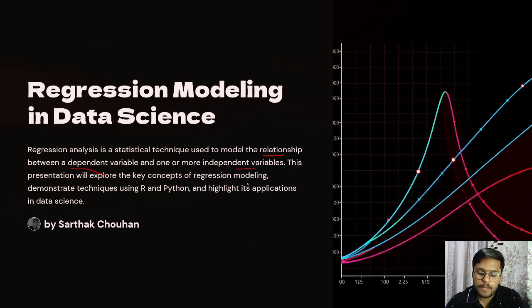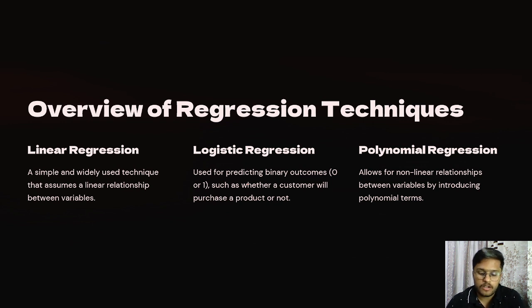There are many types of regressions, like linear regression, multiple linear regression, polynomial regression, logistic regression, ridge and lasso regression. We discuss three: linear regression, logistic regression, and polynomial regression.